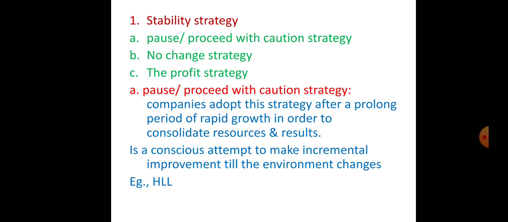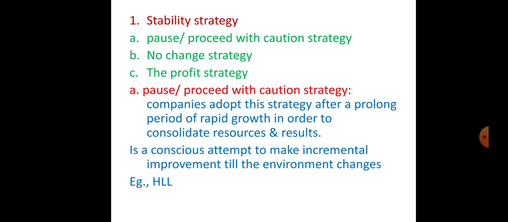In stability strategy, again we have three subtypes: the pause and proceed with caution strategy, the no change strategy, and the profit strategy. The pause and proceed with caution strategy is something a company adopts after a prolonged period of rapid growth in order to consolidate resources and results.